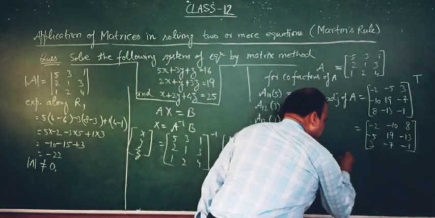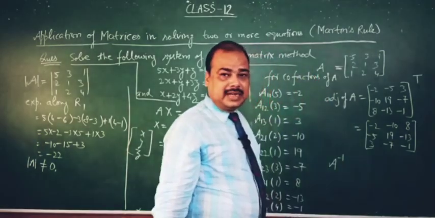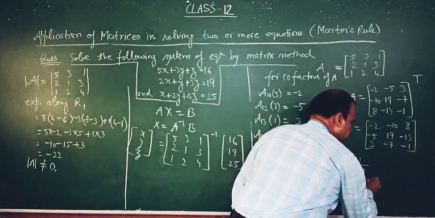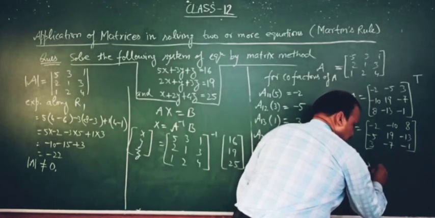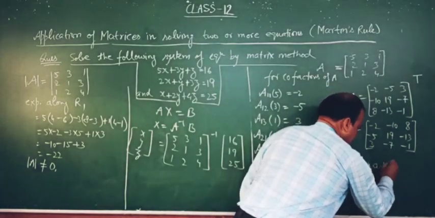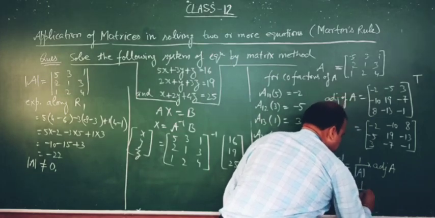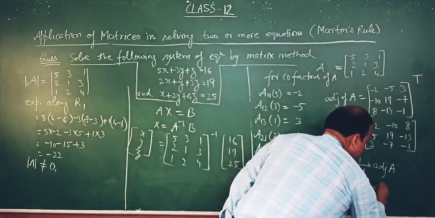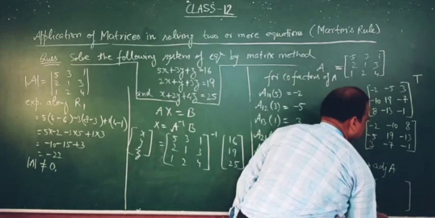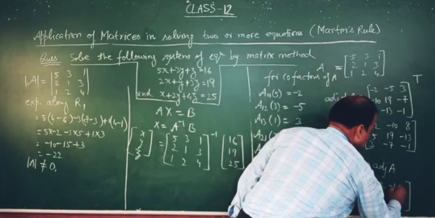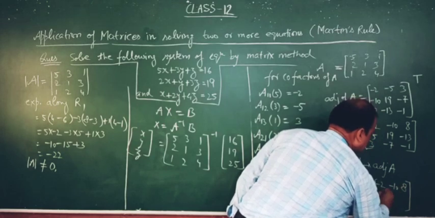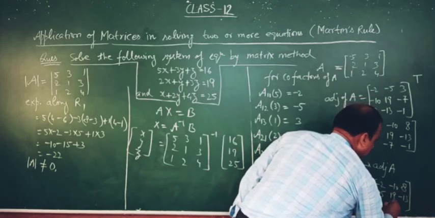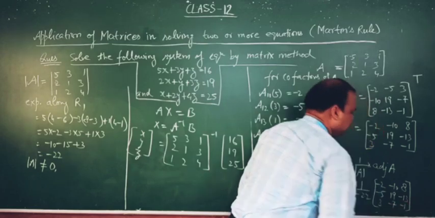But we have to find the inverse of this matrix. So A inverse will be 1 upon determinant of A into adjoint of A. So equal to 1 upon negative 22 into negative 2, negative 10, 8, negative 5, 19, negative 13, 3, negative 7 and negative 1.